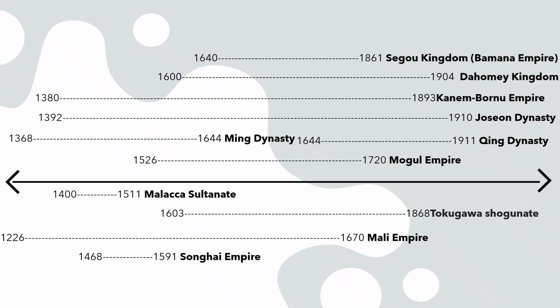This is just a resource for you to get a visual on that, because I know we've been talking a lot about various empires throughout the world, and I wanted us to place it on a visual timeline.